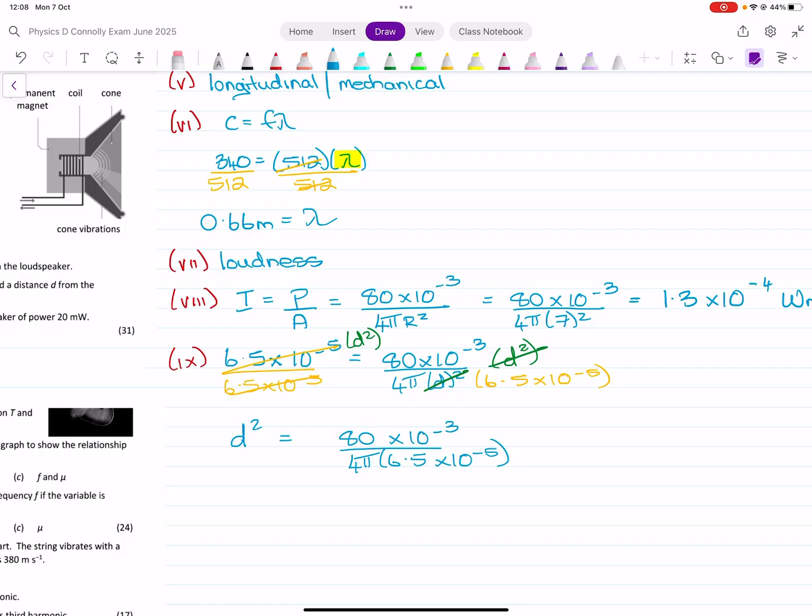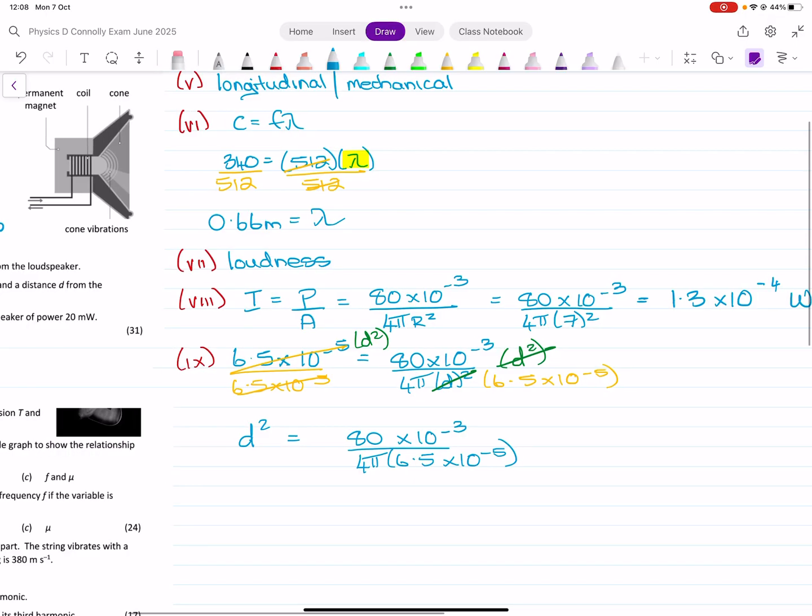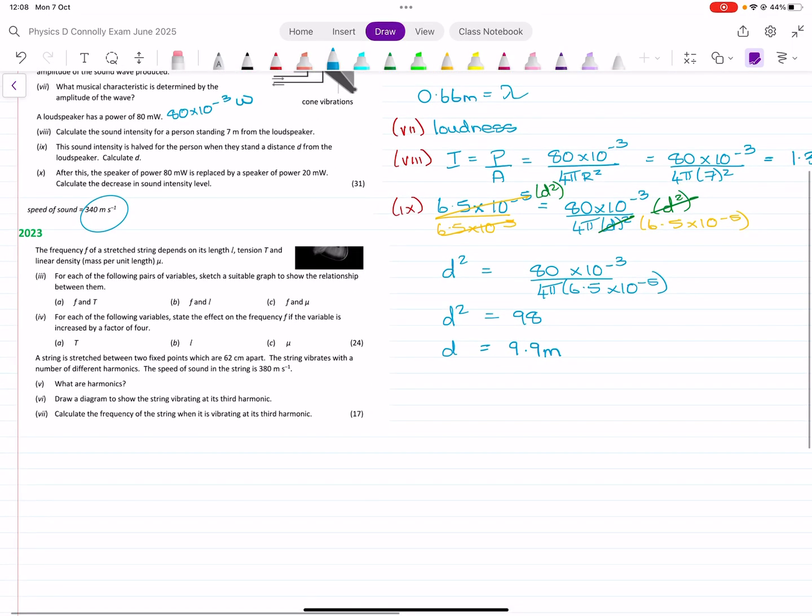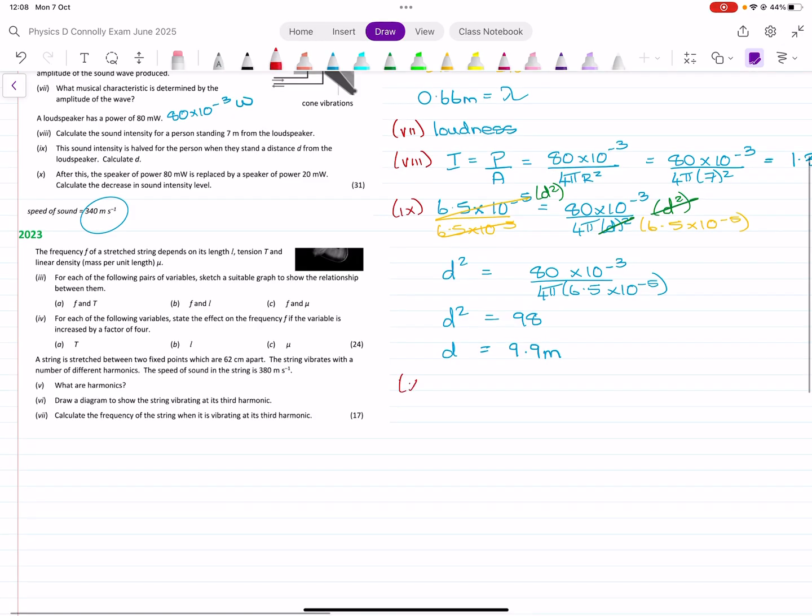Okay, so I got 98. So d squared equals 98. And then if you square root both sides, I get 9.9 meters is the distance. I have the answers here, so that is right.